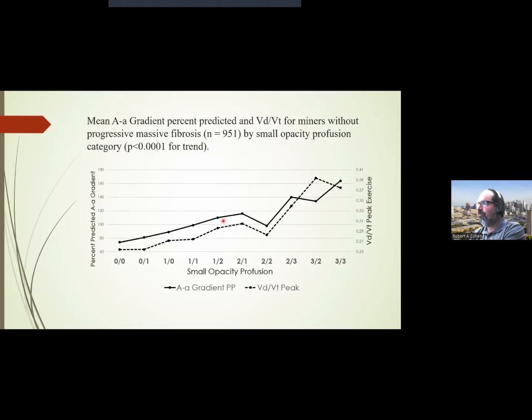And then this is just a graph of the same thing, looking without the PMF, the increase in AA gradient with small opacities, you can see a nice linear increase, or maybe not so nice, and then increase in the dead space VD/VT at peak exercise and diffusion percent reference. So again, just making this point that simple pneumoconiosis is not so simple.